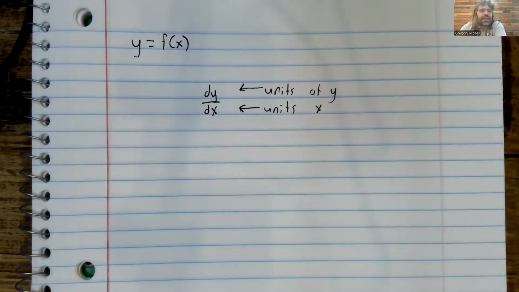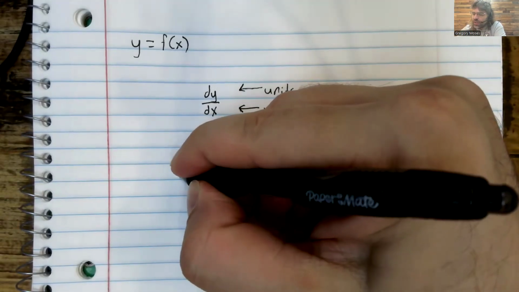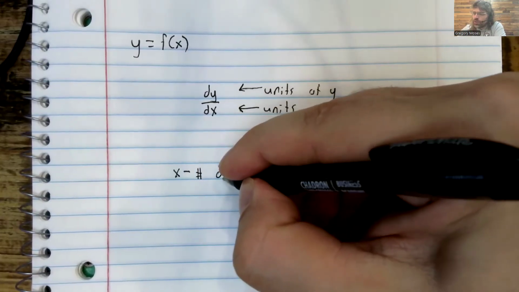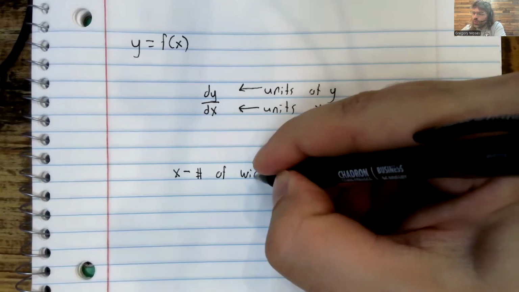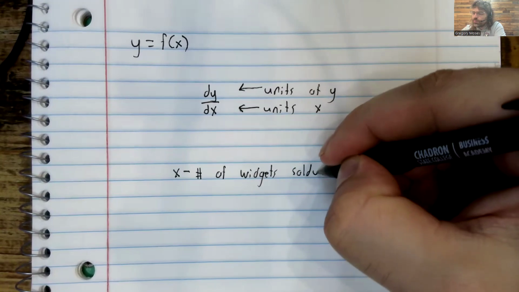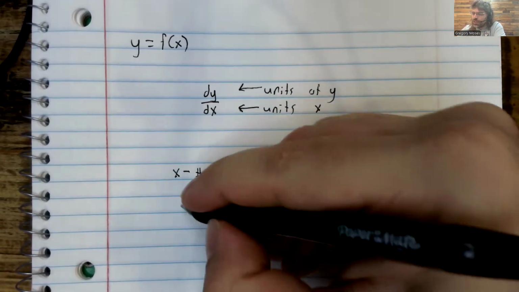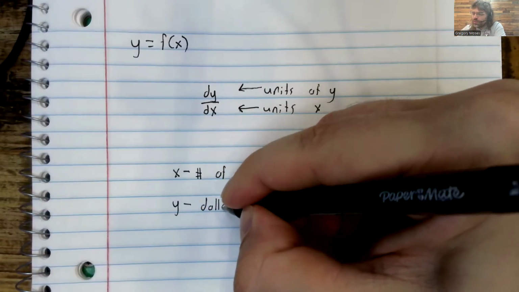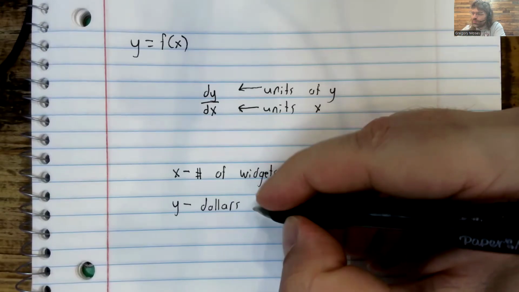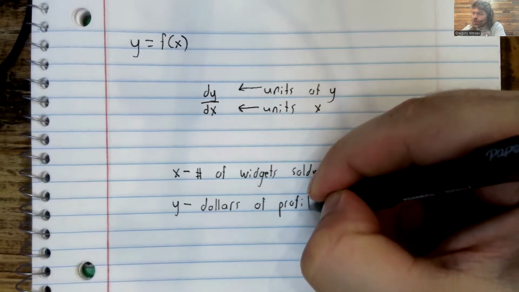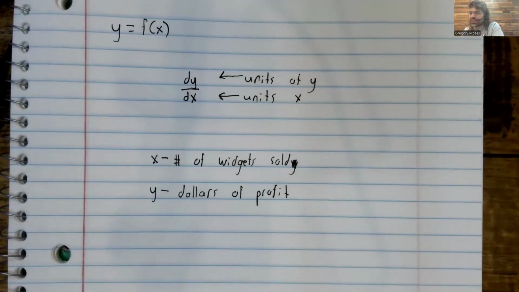So if you're looking at a profit function, let's say, and x is the number of widgets sold, and y is the dollars of profit. I guess kind of an awkward way of saying that.